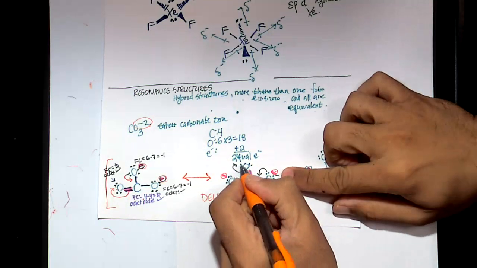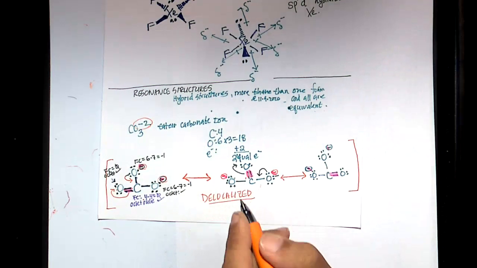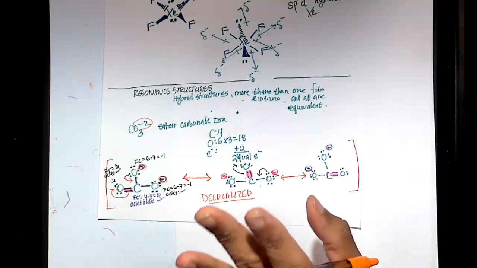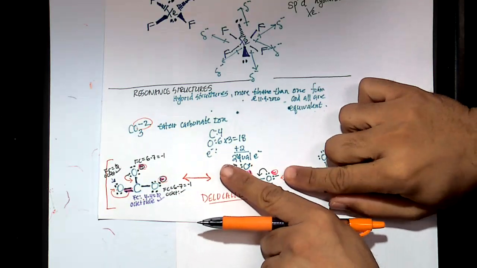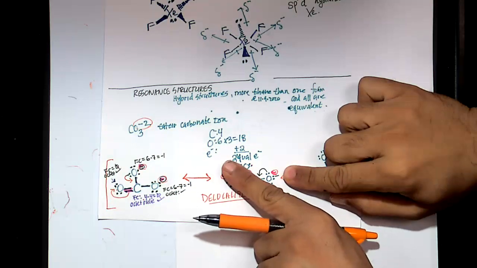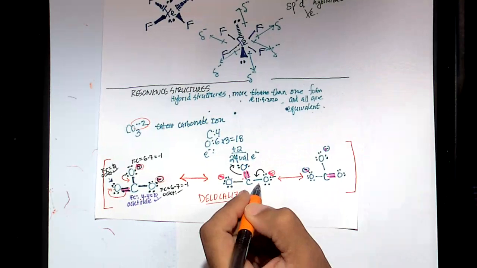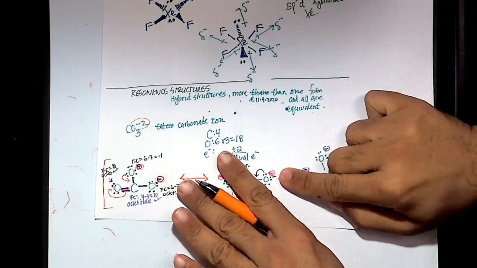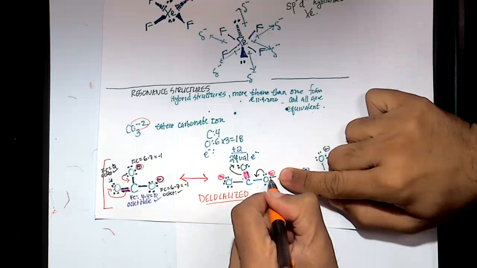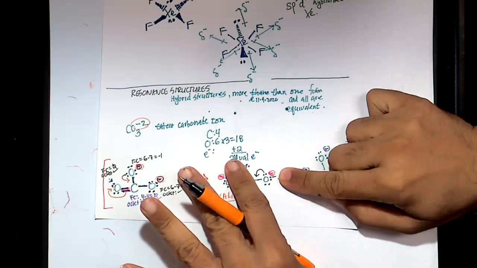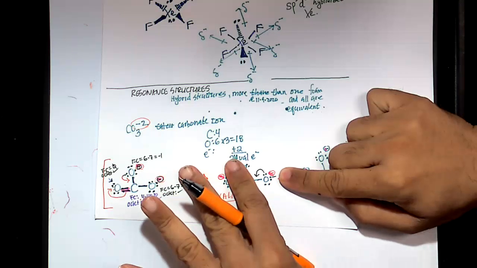Formal charge: 1, 2, 3, 4, 5, 6. Oxygen is happy at 6. 6 minus 6 is 0. Single bond oxygen: 1, 2, 3, 4, 5, 6, 7, 8, octet good. Formal charge: 1, 2, 3, 4, 5, 6, 7. Oxygen is happy at 6. 6 minus 7 is minus 1.